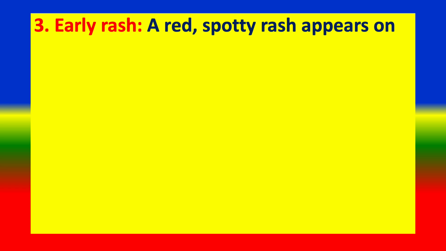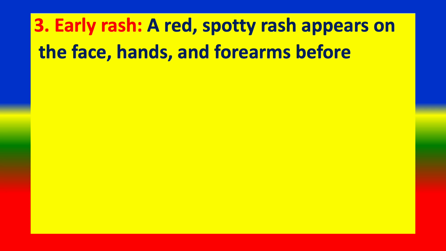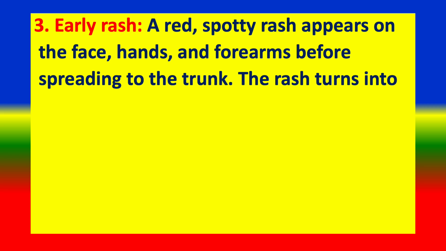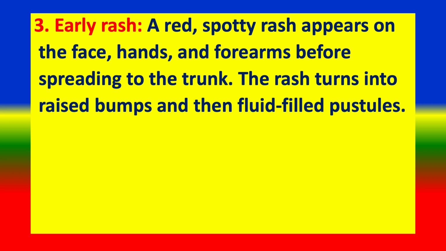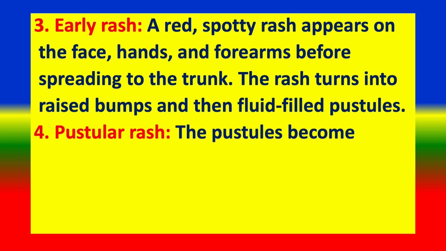3. Early rash. A red spotty rash appears on the face, hands, and forearms before spreading to the trunk. The rash turns into raised bumps and then fluid-filled pustules. 4. Pustular rash.